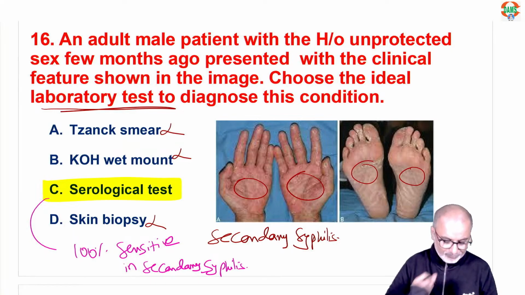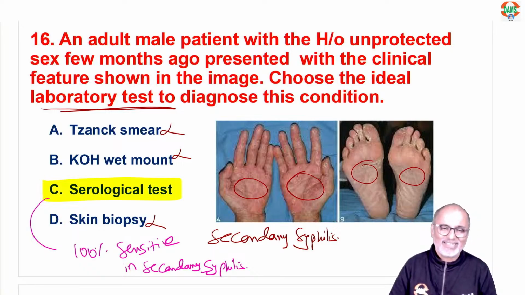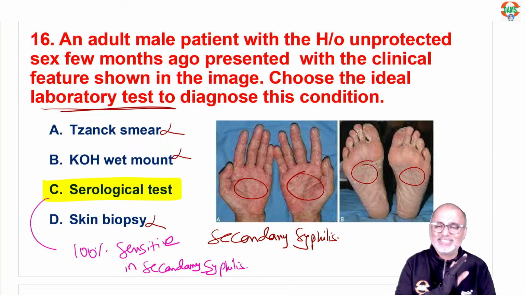In case of primary syphilis, serology may be useful and dark field microscope, some other things are there. In secondary syphilis, 100% sensitivity, it will not miss a single case.